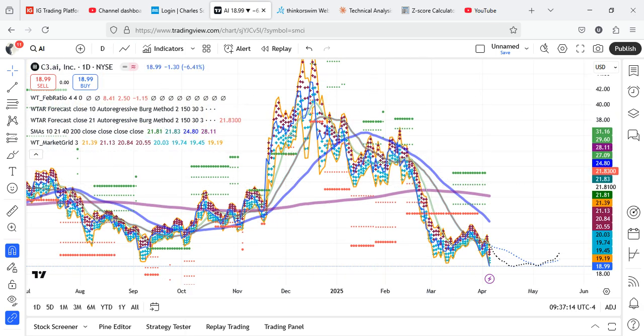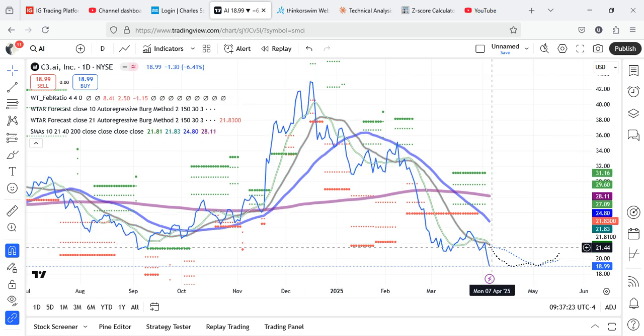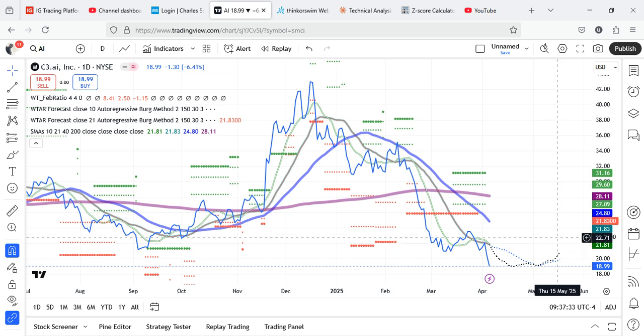And remember that the algos are projecting that this 10-day moving average's weakness is going to decelerate and then also begin to pick up as well.